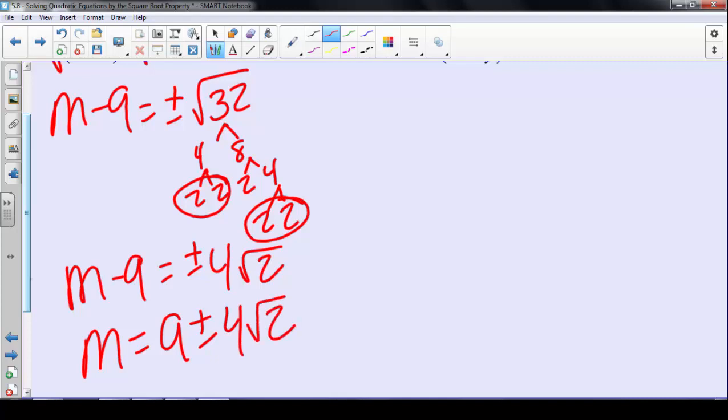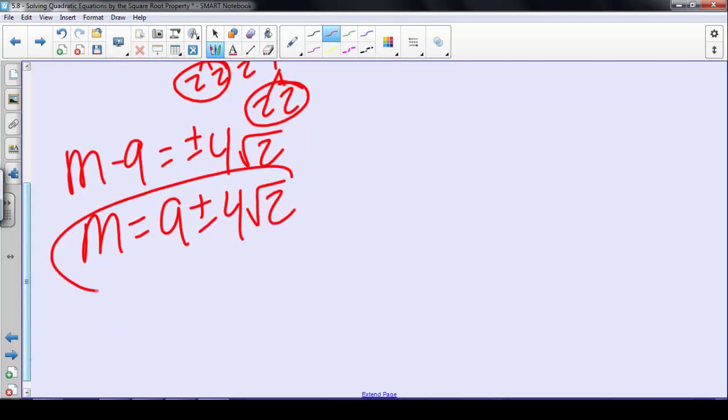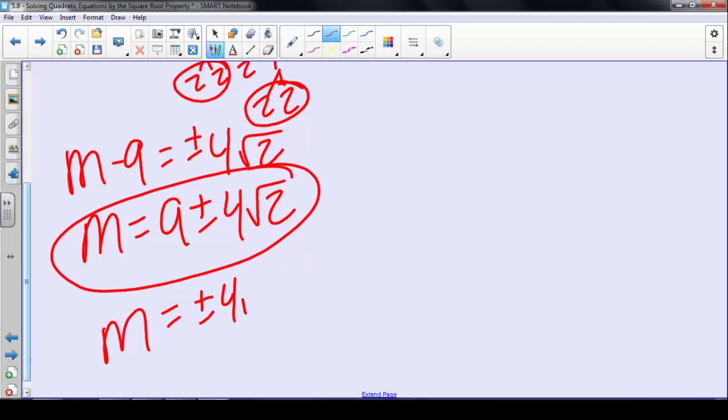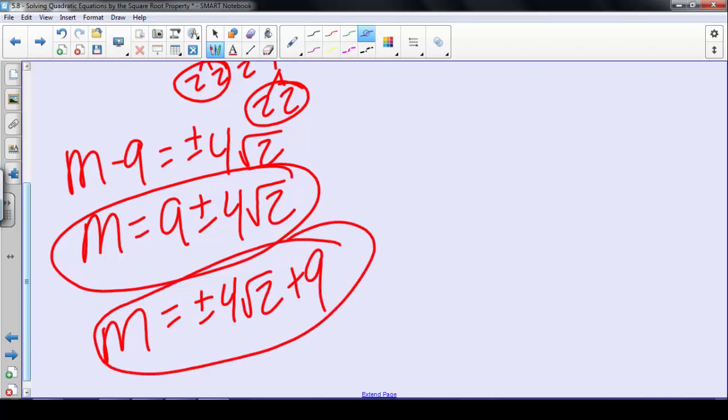After we add 9 to both sides, we get this. If you wanted to write your answer like that, that is also fine. Typically, we write it like this, but I'll accept either way. They're the same number.